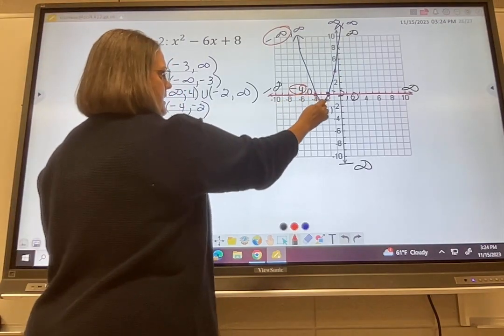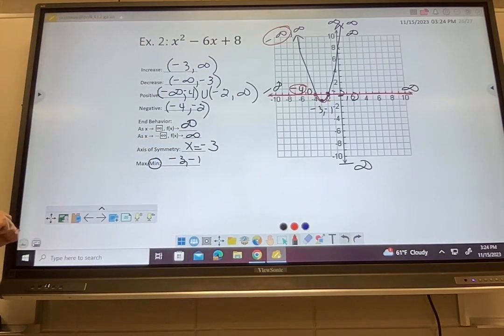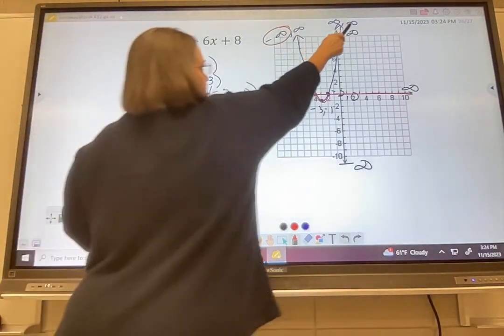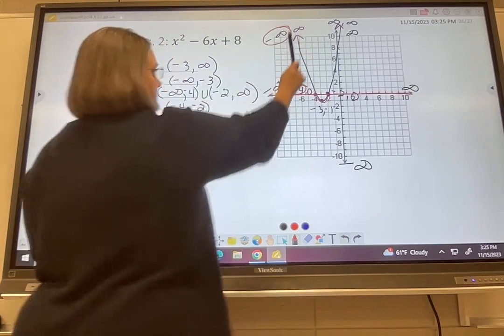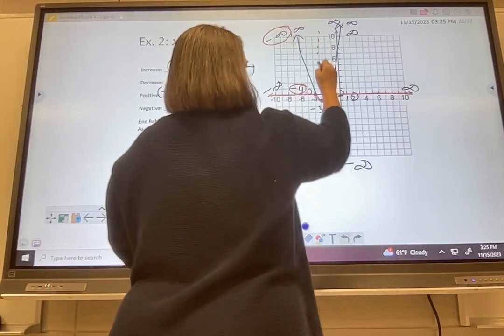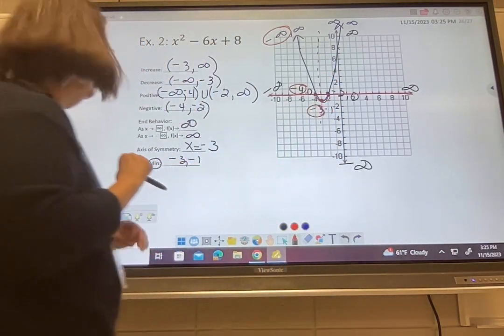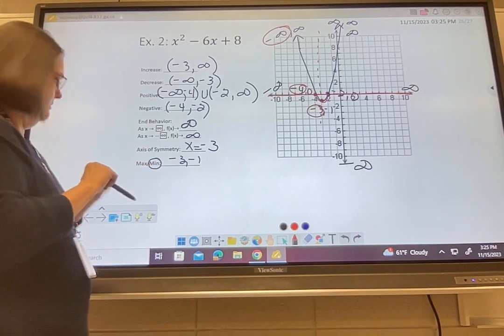So all this right here is negative, from -4 to -2. Again, read your arrows. As x approaches infinity, f of x approaches infinity. As x approaches negative infinity, f of x approaches infinity. My axis of symmetry, again, right here, x equals -3. And that is a minimum point because it's the lowest point on the graph.